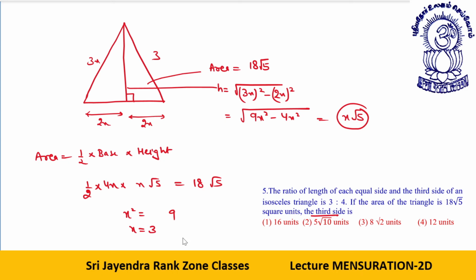The third side will be 4x, that is 4 into 3. This will give you 12 as the answer. Clear, dear students? Should I move ahead?